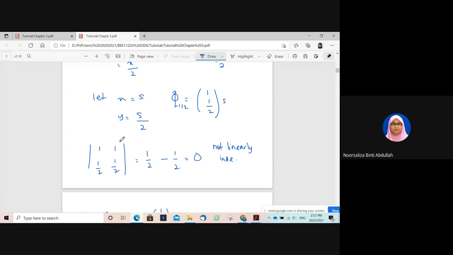Kalau nilai lambda yang berbeza, you akan dapat eigenvector yang berbeza. Kalau lambda 1 sama dengan lambda 2, eigenvector pun automatik sama. Bila automatik sama, you tolakkan dia, memang you akan dapat kosong. So ini case bila lambda 1 sama dengan lambda 2.